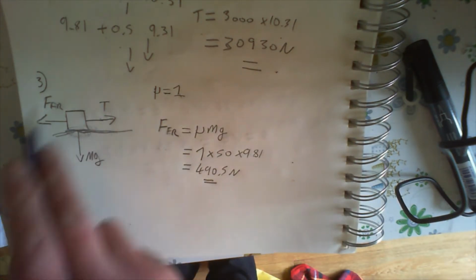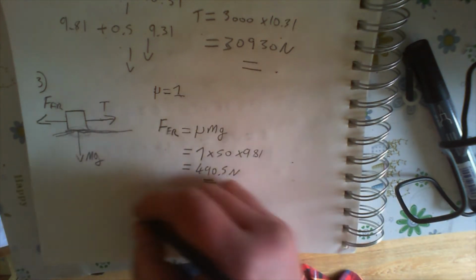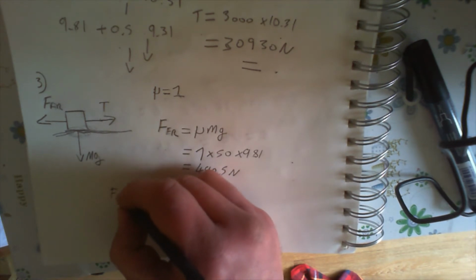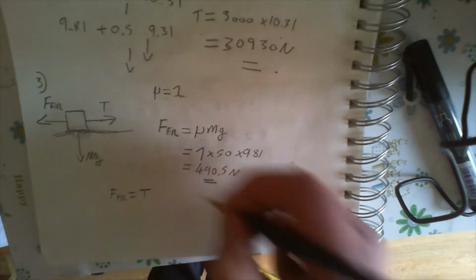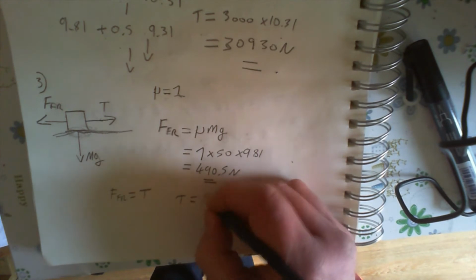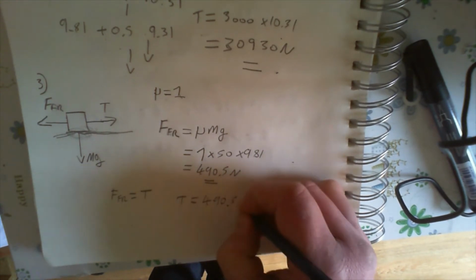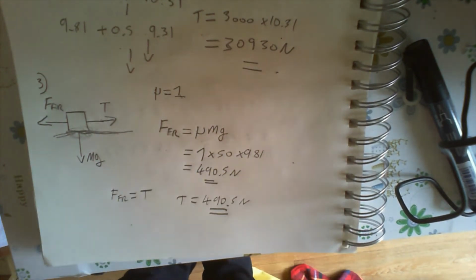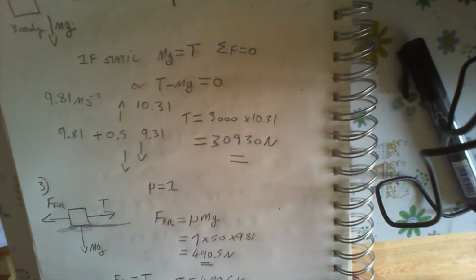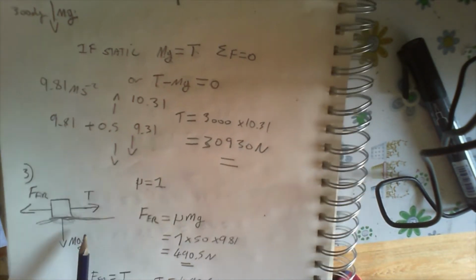Because this is going at constant velocity, that means frictional force is going to equal the tension. So tension is going to equal 490.5 newtons.